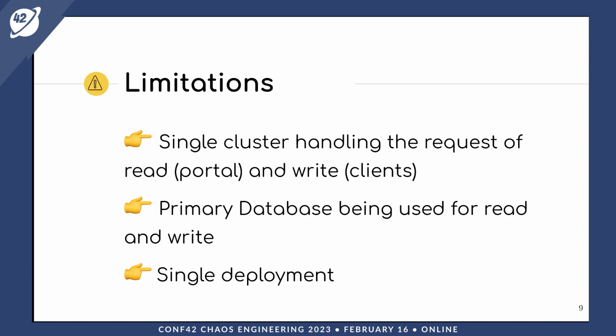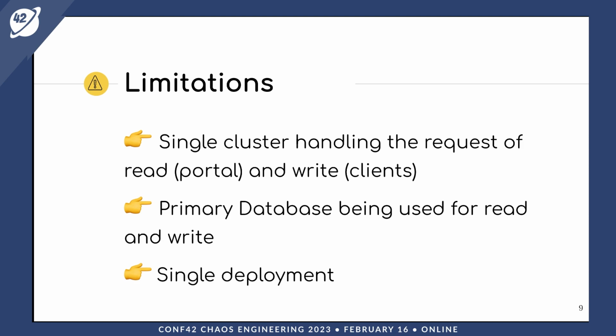So the tuning and scaling required for the read will be different from the write, right? If we are using a single cluster and suppose read is using a lot of resources, it might affect the write, right? Suppose if there is some outage on that cluster, read and write both will be affected by it. So this is one of the potential problems in this whole architecture.